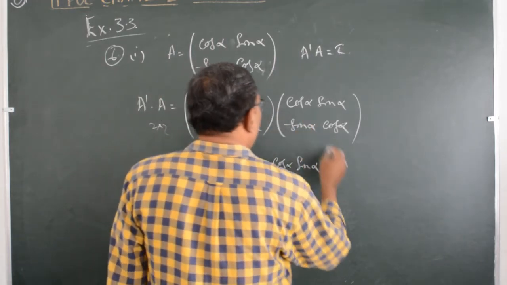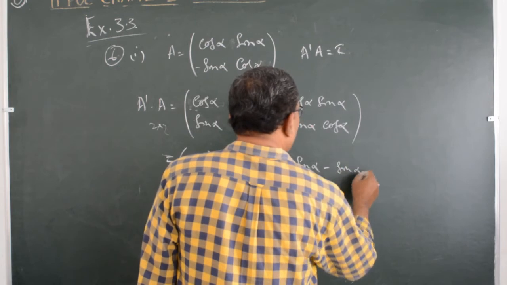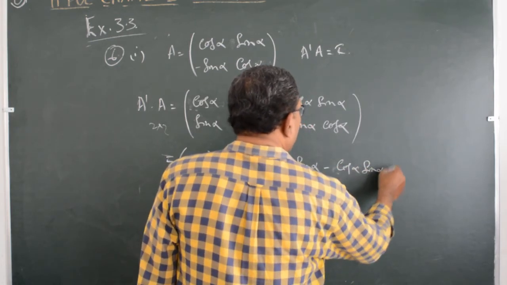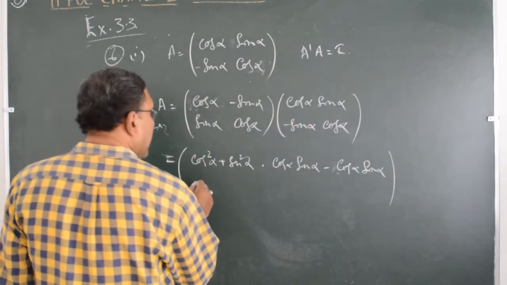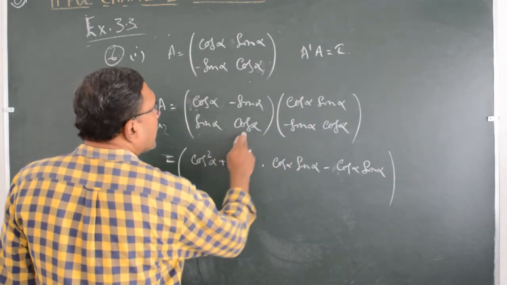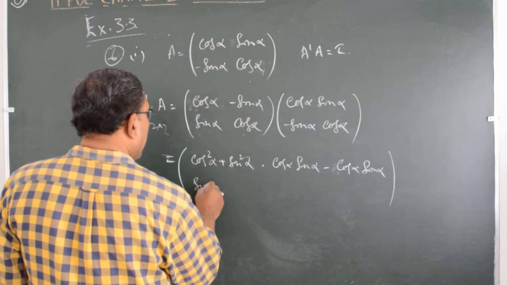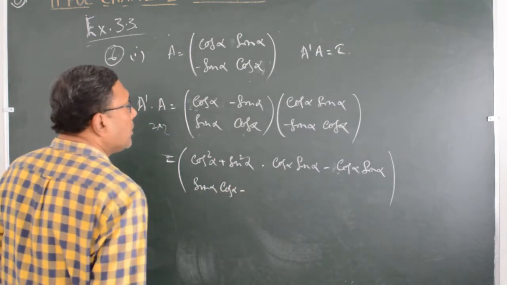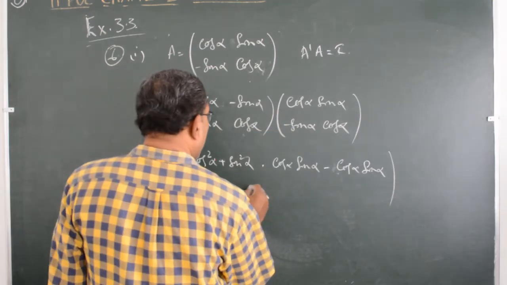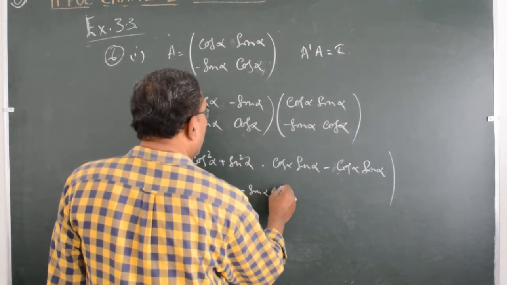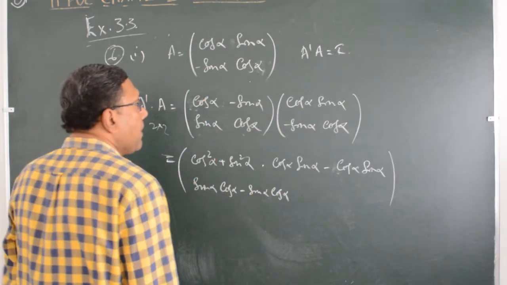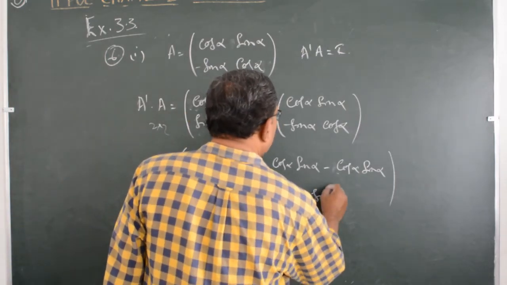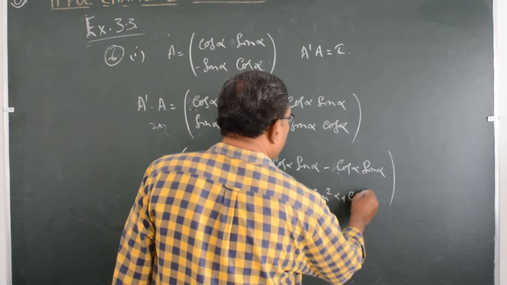Similarly here, first row, sin alpha cos alpha minus sin alpha cos alpha, right, and then sin squared alpha plus cos squared alpha, right.